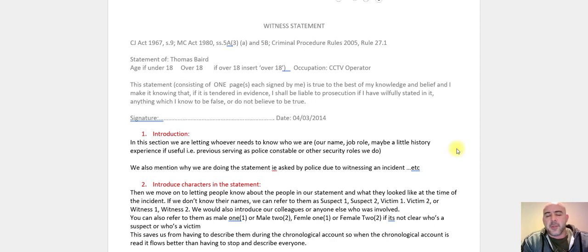Just a little bit about ourselves. We also mention why we're doing the statement, and it could be something like, I'm doing a statement at the request of the Metropolitan Police due to an incident that I witnessed on, I don't know, Tuesday the 20th of April 2023. So you're basically saying a little bit about yourself, who you are, and why you're doing the statement.